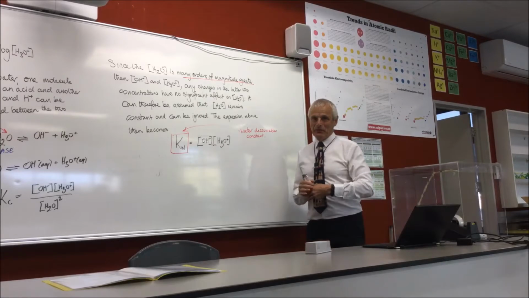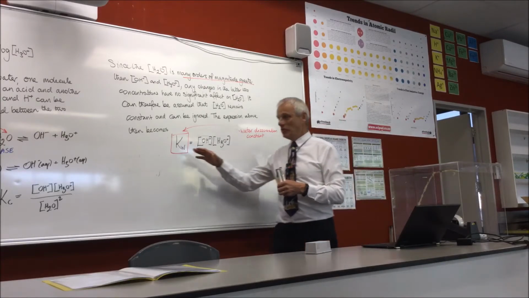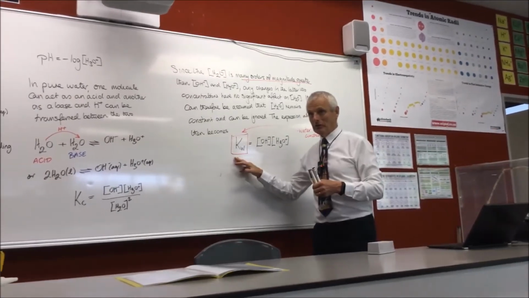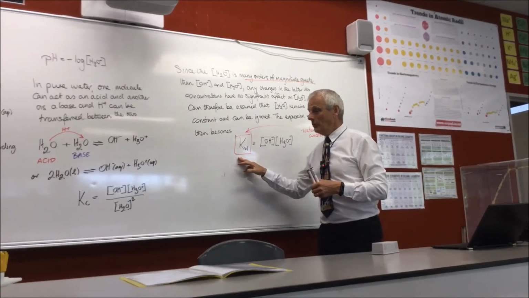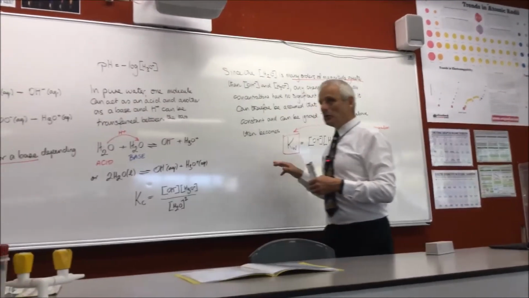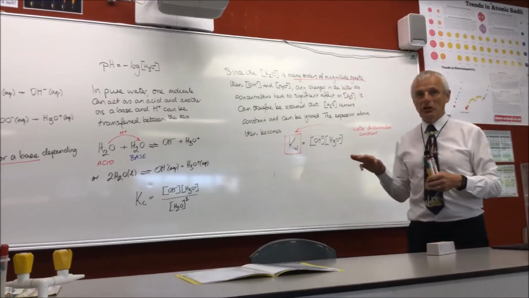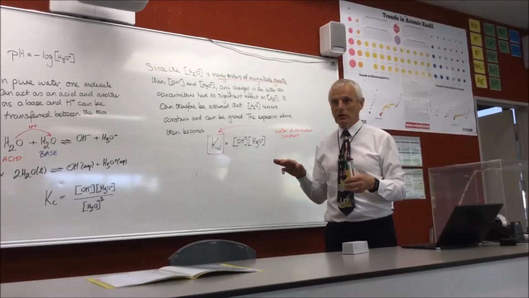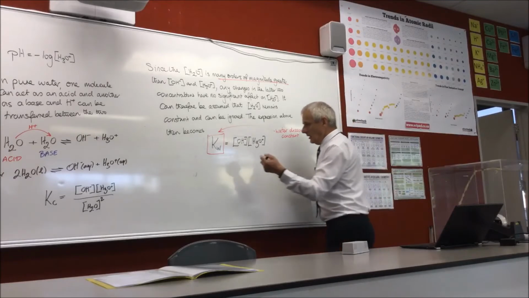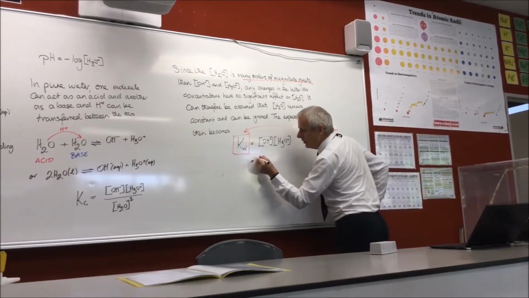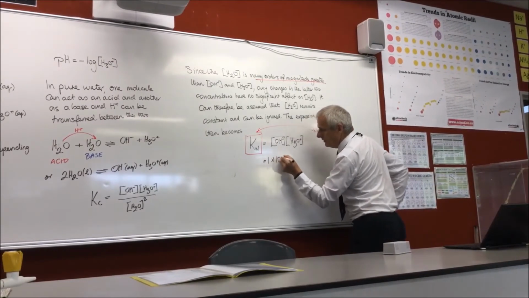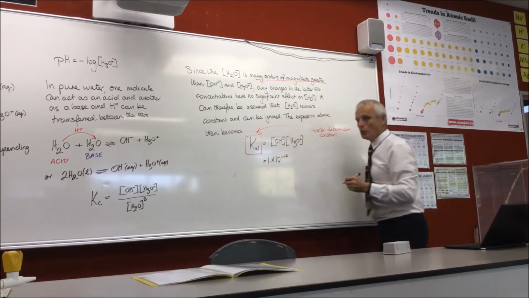Now, just as an aside, this is still an equilibrium constant, which means that the value we quote depends on the temperature. The standard value is 1 times 10 to the minus 14.